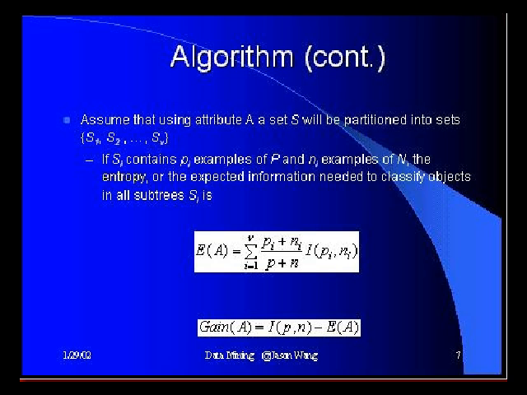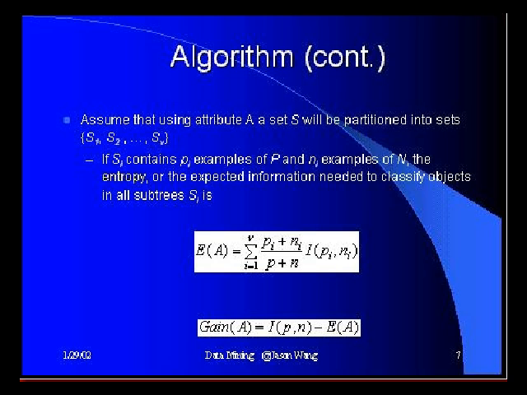Now, you look at, for example, S1 for the phone usage attribute. Then you know how many positive examples are in that S1 and how many negative examples are in that S1. So you get a lowercase letter p1 and a lowercase letter n1. Then we can calculate the entropy, or the expected information needed to classify objects in all subtrees, based on the entropy of that particular phone usage attribute.